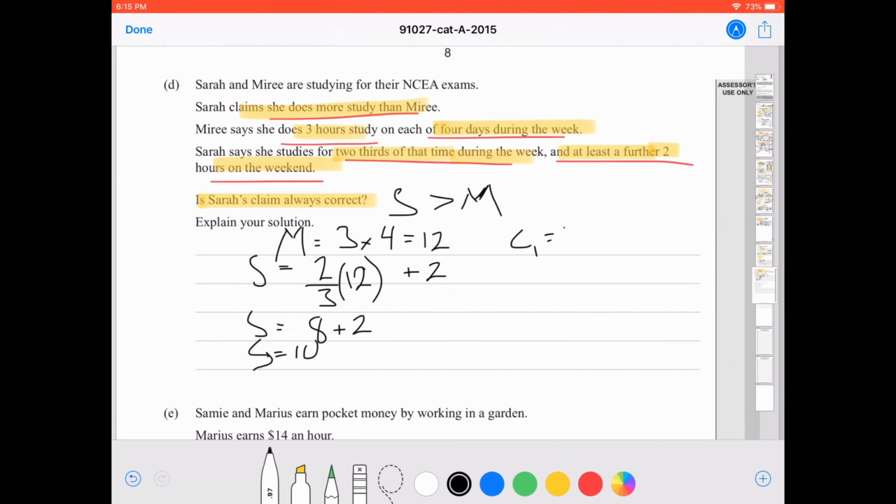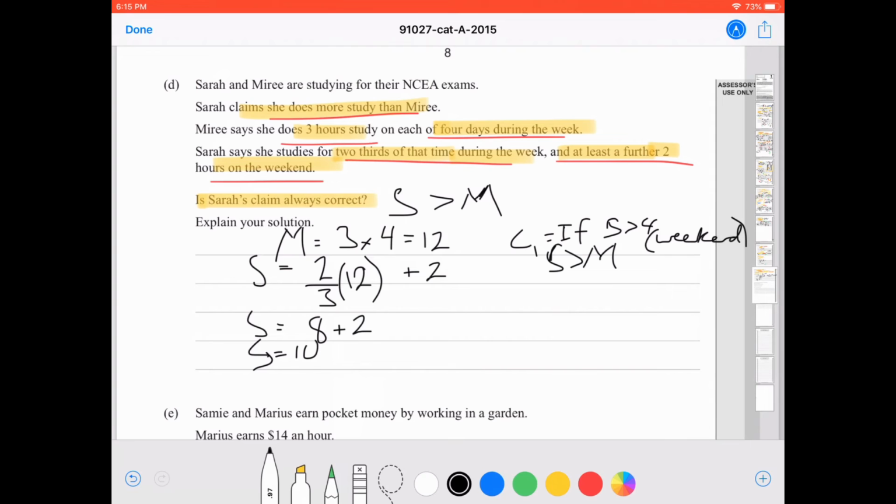If S studies for more than 4 hours, let's just say greater than 4 on the weekend, S is greater than M, okay? And why is that true when Sarah studies more than 4 hours on the weekend?